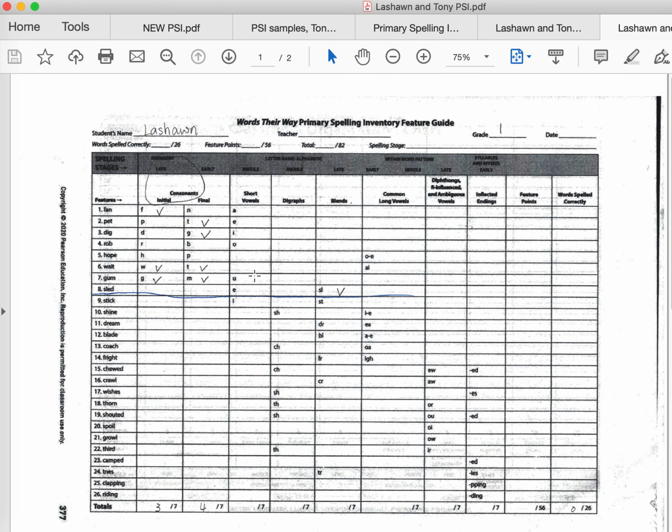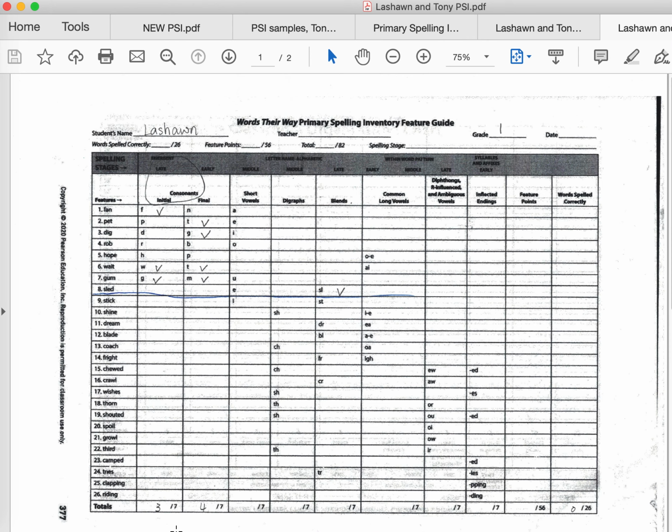So after we have totaled all of LeShang's scores across and down for the words he spelled, we know that instruction should begin where he is using but confusing, which would mean to begin with initial consonant instruction.